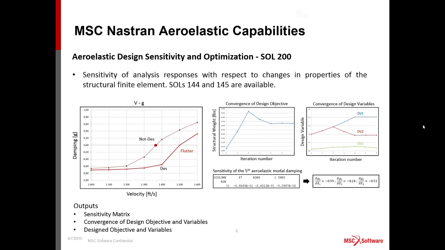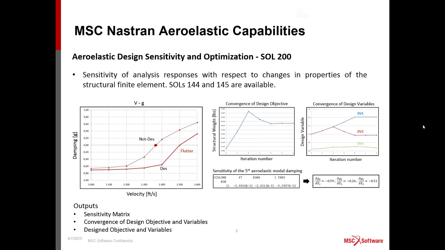Here is, for example, a benchmark that I did some years ago, in which I perform a flutter analysis, and as you can see, the red dot is the flutter point, it's between 1,300 and 1,400, okay?